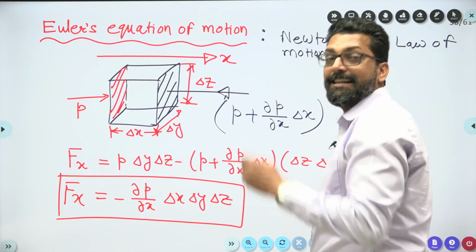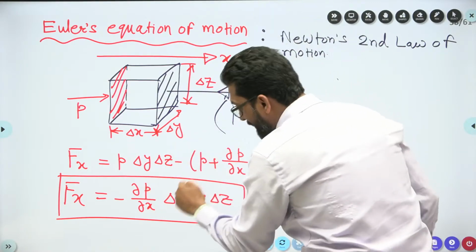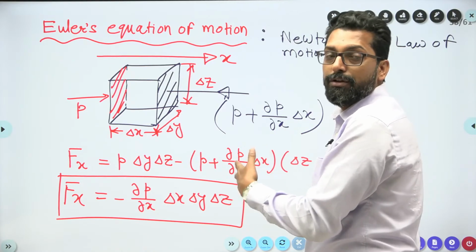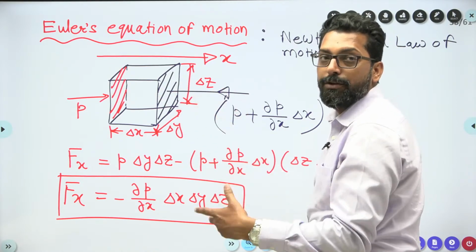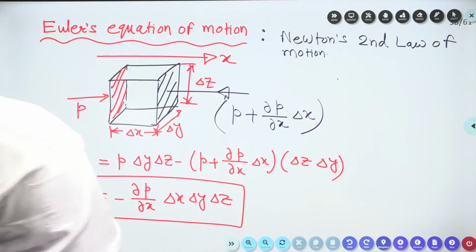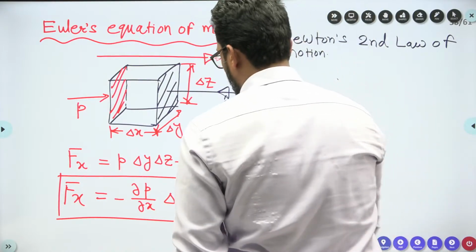In the z direction there is also a body force, where mass is density times volume. So this is the force due to the pressure gradient.